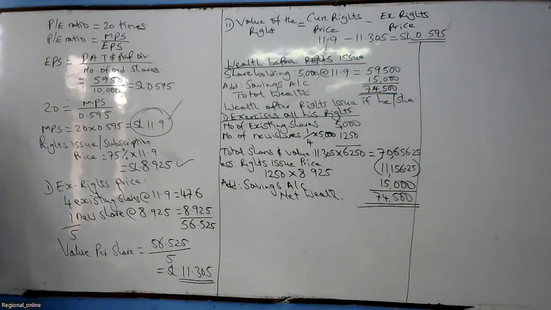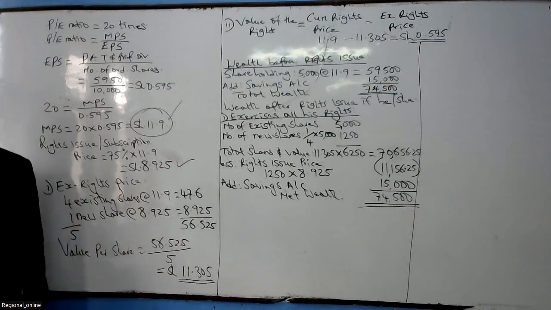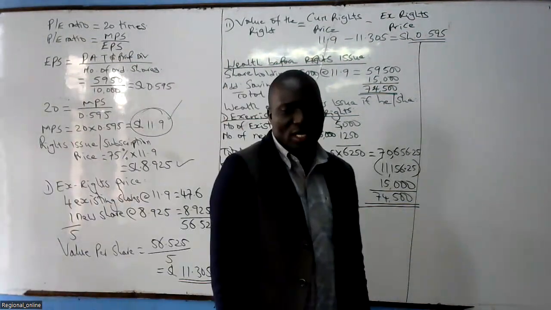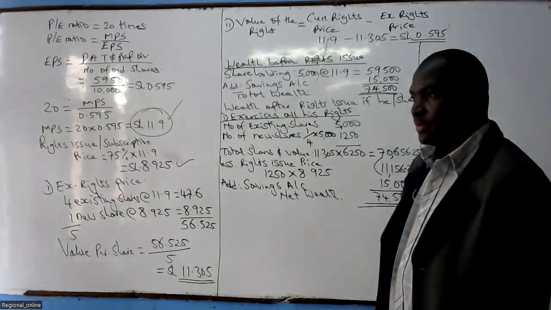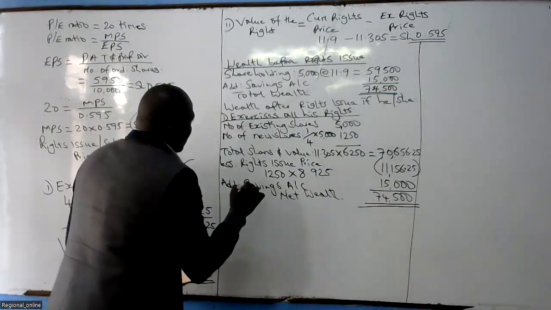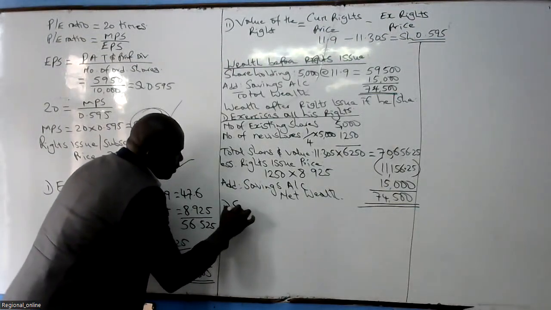After the rights issue, it will be 74,500. If it is a rights issue, it should be so, because when you take one of the two options, you don't expect to lose. Your wealth should remain intact. Okay? So let us look at the next one. Number 2, sell all the rights.